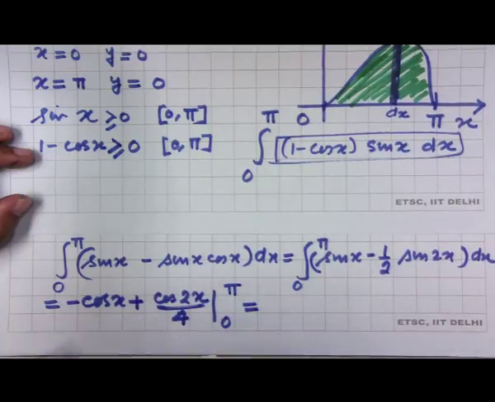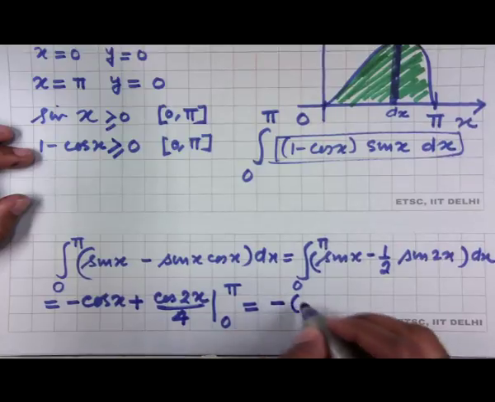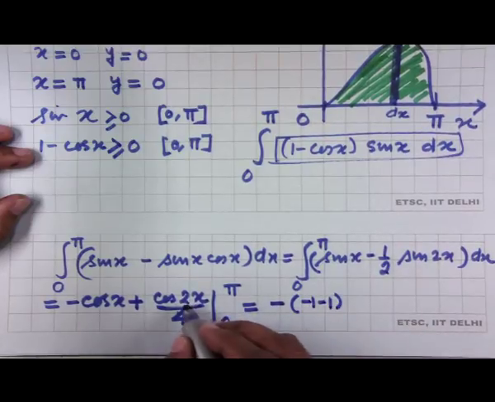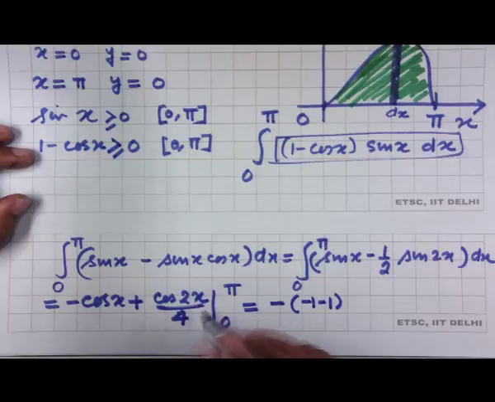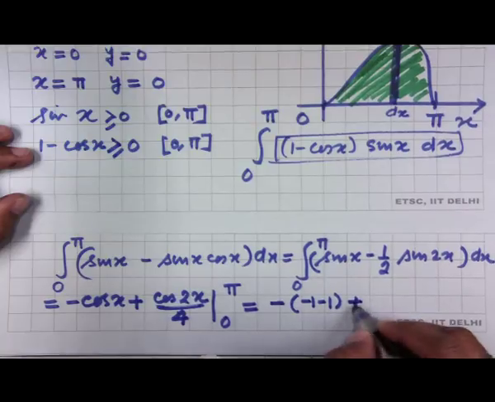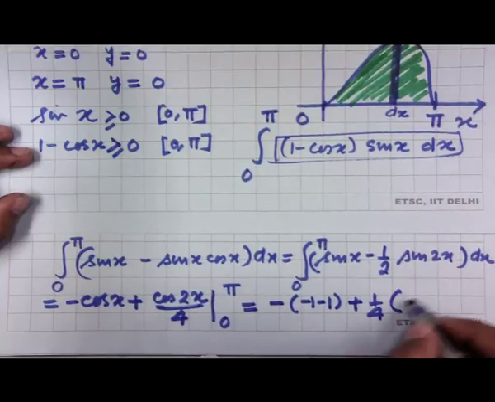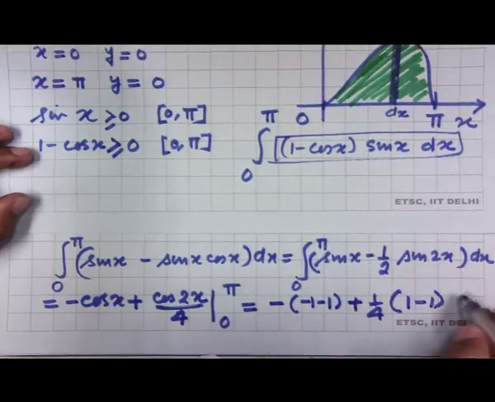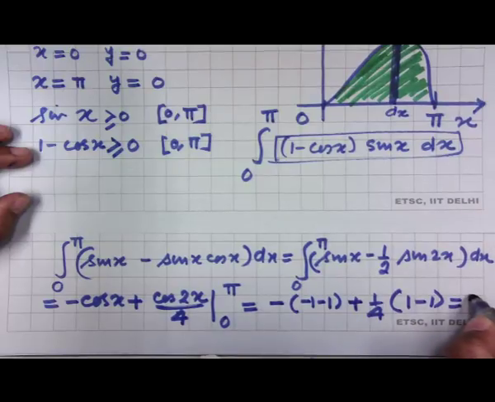So this will give you minus 1, and then at 2 pi and 0 you will get 1 minus 1, so plus 1 by 4 times (1 minus 1), so finally you get 2.